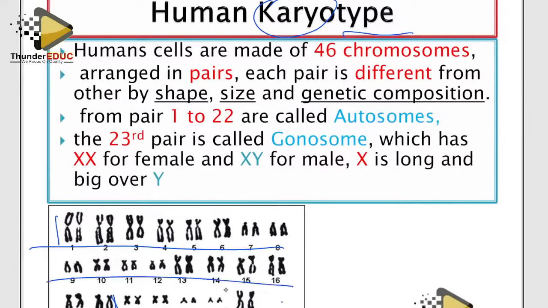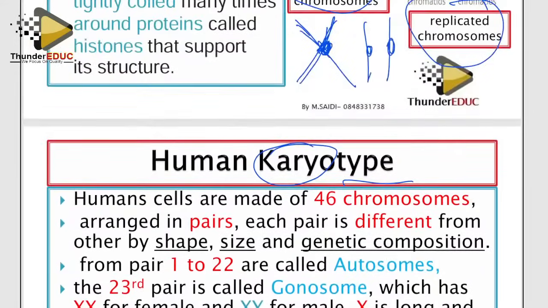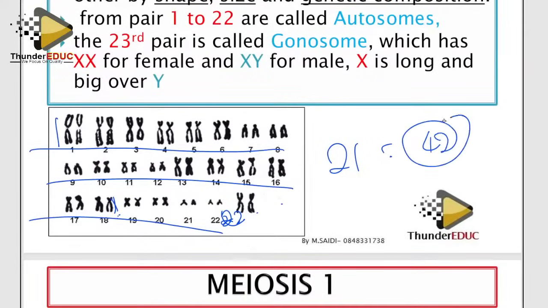But when you know it's 22 pairs, therefore it's 44. Then I say, yeah, I know it. But there is something there. They have put another one there. Oh, this one is not there. You see? So please count them. And sometimes they bring it when it is not about a human karyotype. It could be something else. So please, please, please follow based on what is given.